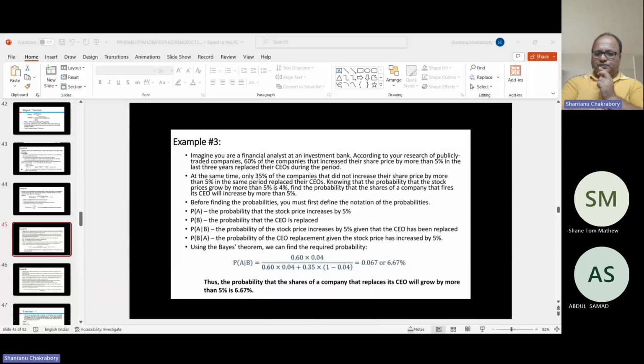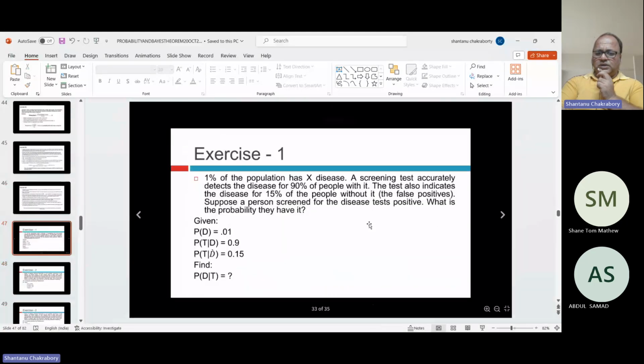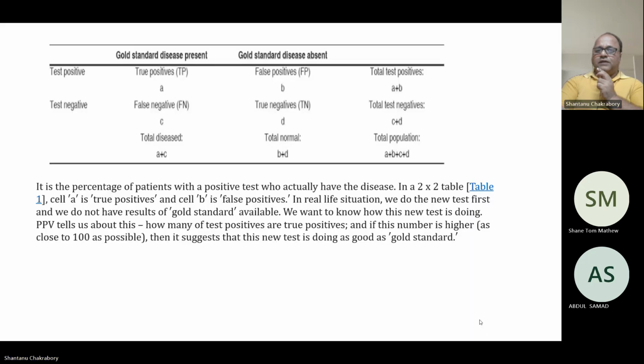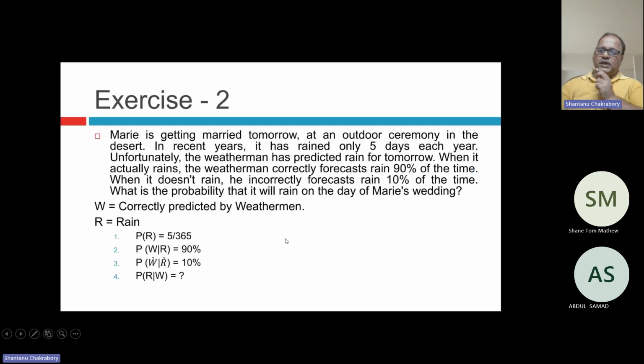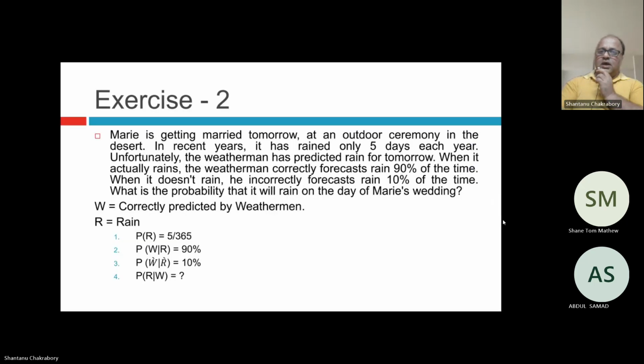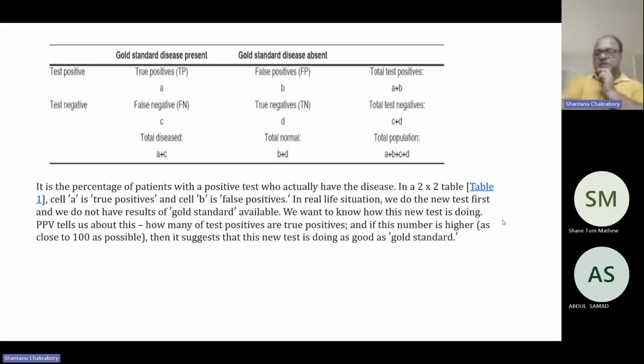Very nice, right? Now what we are going to do is see the confusion matrix, the true positive, false positive, true negative, and false negative. How do we apply these? Suppose there is a gold standard, and the test is positive. True positive means you detected something as true and it comes out to be true.